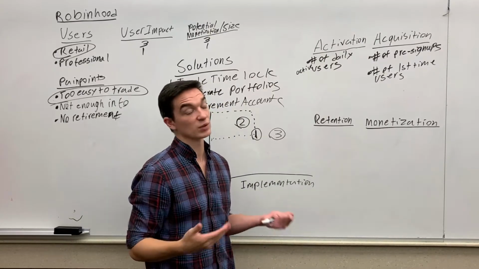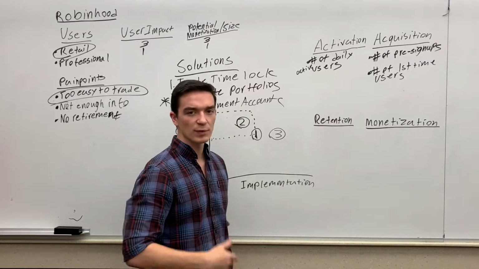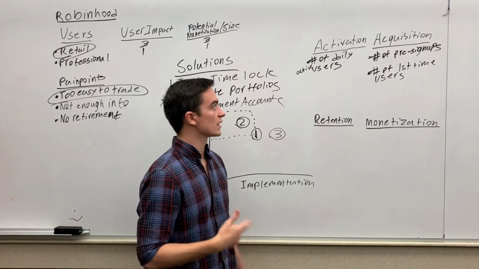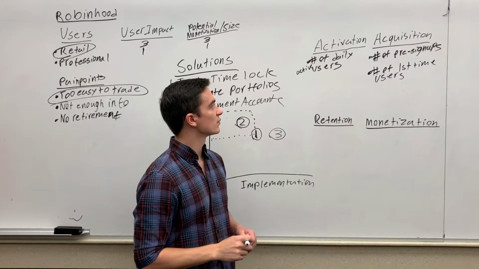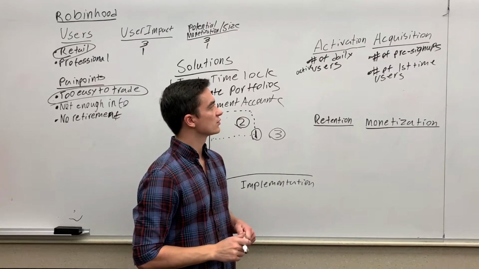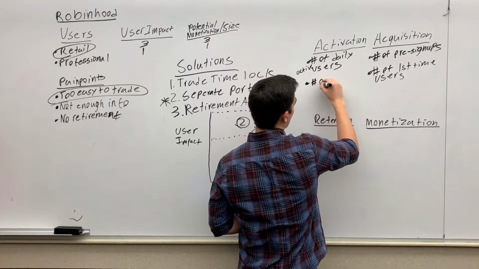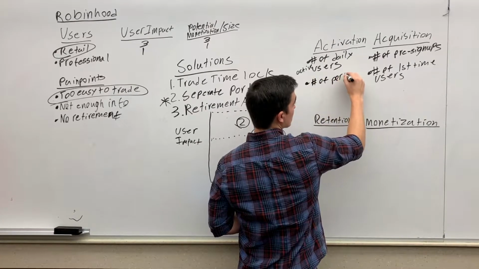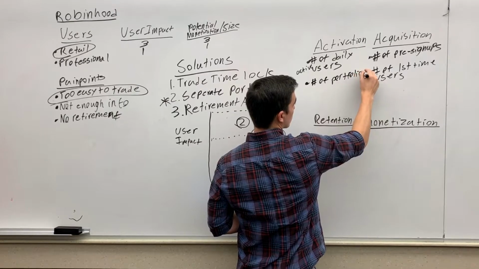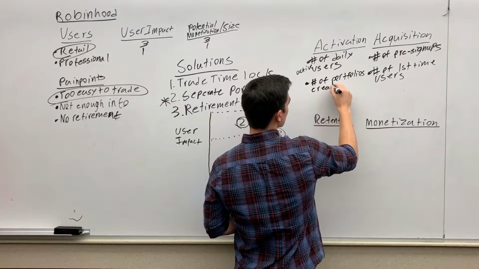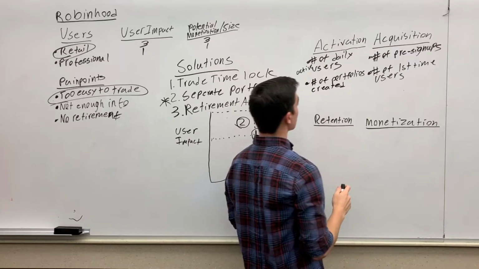So regularly could be weekly, could be monthly. People who are using it on a regular basis. That's what I mean by number of daily users. I think we could also do the number of portfolios created. That would be a good one.